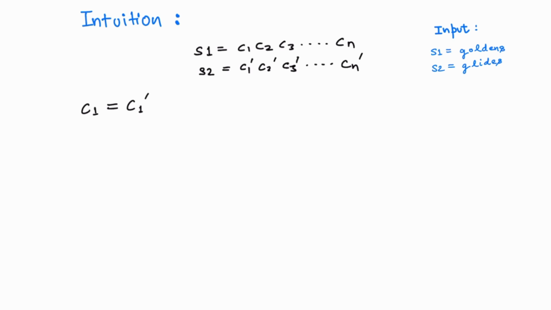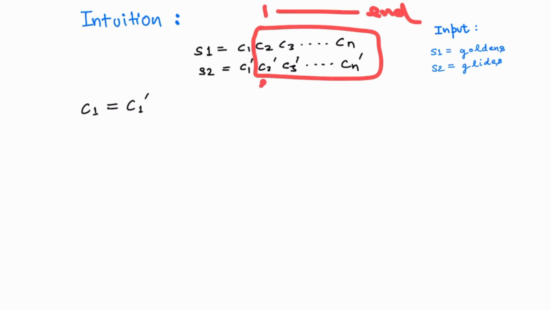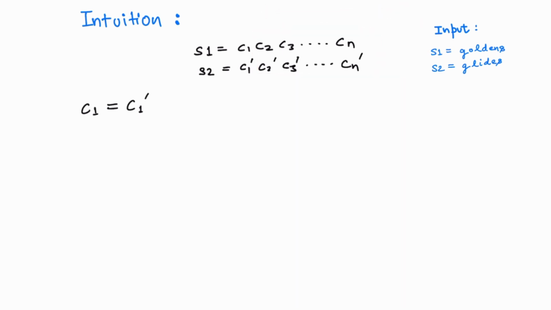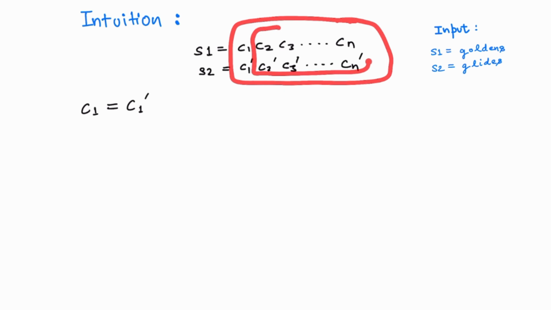And then what remains? This particular part. So string 1, that is going from the index 1 till the end, and the string 2 going from the index 1 till the end. So basically, the answer that we have to find for the overall string is nothing but the answer to this particular part, because the first characters are already equal to each other, so we can just put them as is.